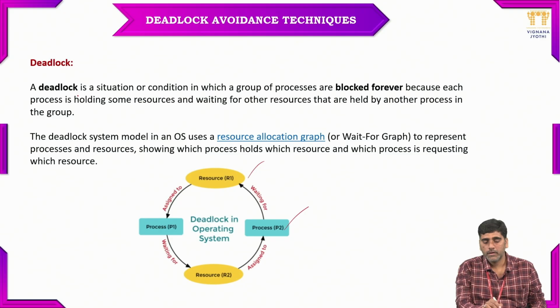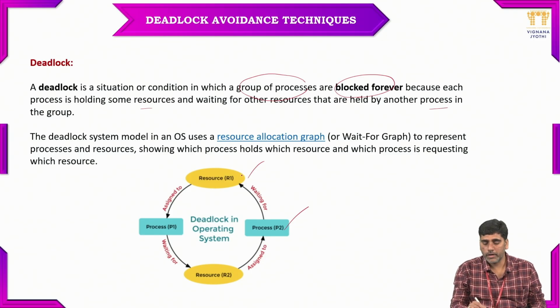So here, deadlock is a situation or condition in which a group of processes, that means more than one process, are blocked forever because each process is holding some resources and waiting for other resources that are held by another process in the group.